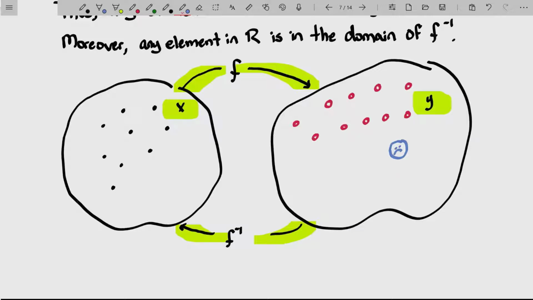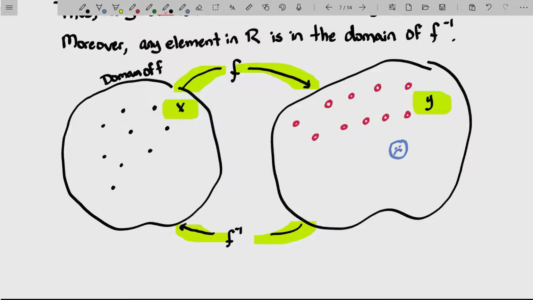In other words, there wasn't an input in f that led to that rogue unhappy face. So none of these little dots here in the domain of f map over to that unhappy face. Well, then the unhappy face wouldn't actually be in the range of f, to be very honest with you.